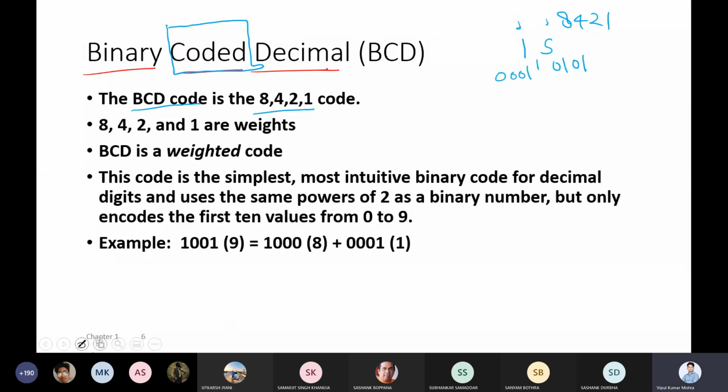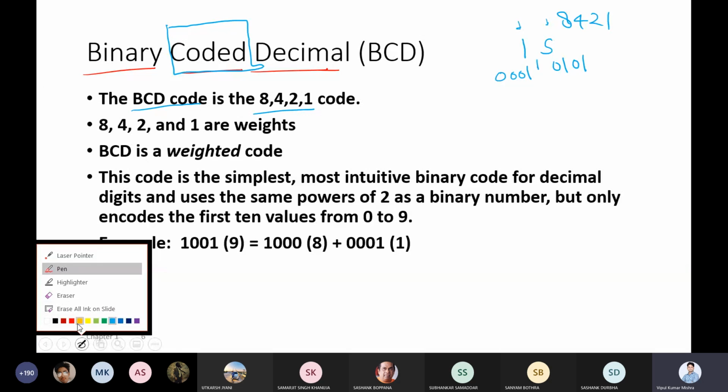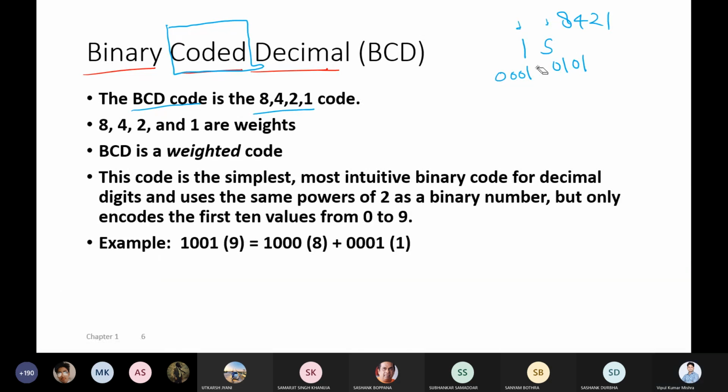Right? So that is the way you will represent it in BCD. If you want to represent 15, 1 will be represented separately, 5 will be represented separately. This is 15 in decimal. Here we are not doing conversion, we are doing coding.